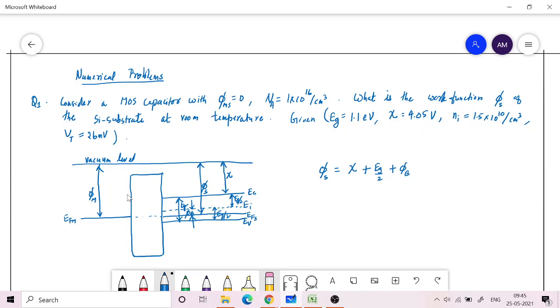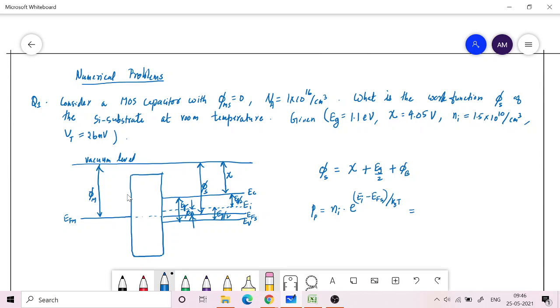So what is that relationship? If you recall from the earlier class, the concentration of holes in a p-type material is given by Ni into e raised to Ei minus Ef, in this case EFS, by kBT.